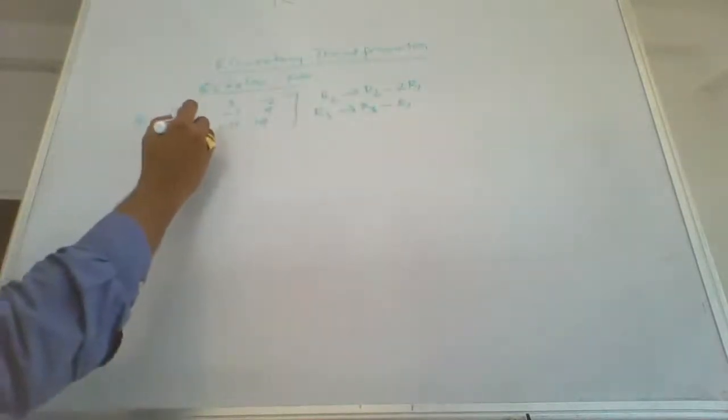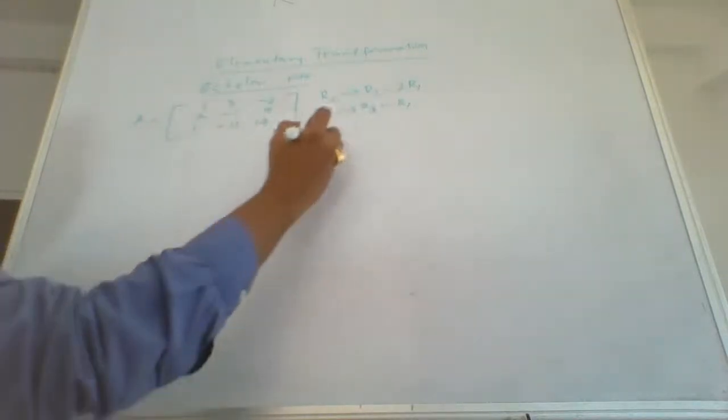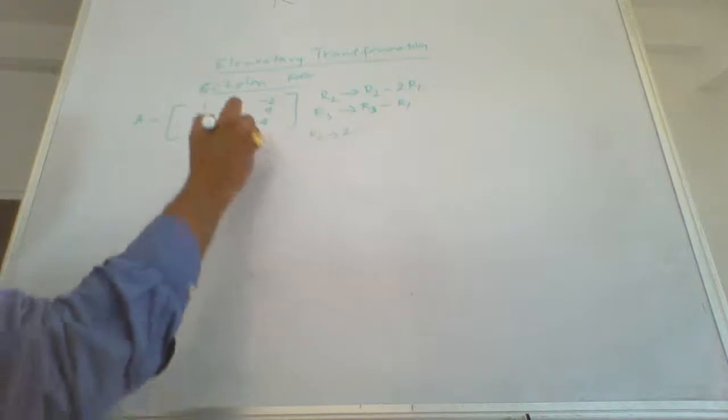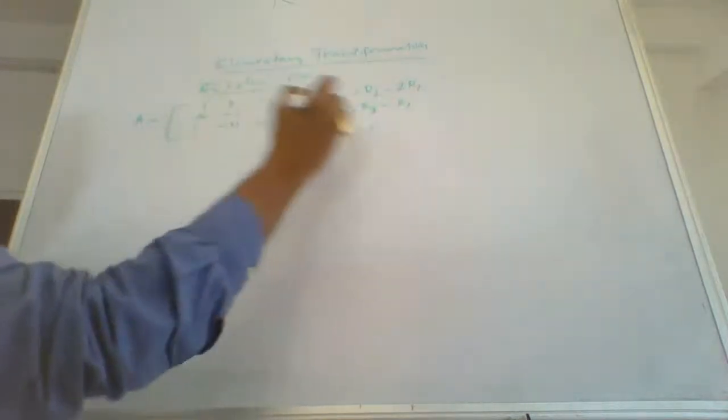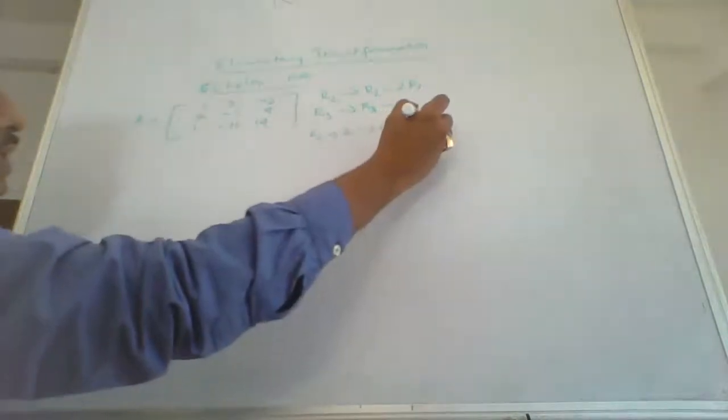That's what I'm trying to solve. Let us find this. If I consider row 1, row 3, row 2, this will be row 2. So 2 minus 2 times row 1, which is 1, results in 0.